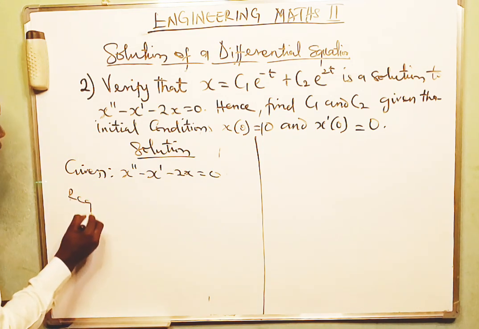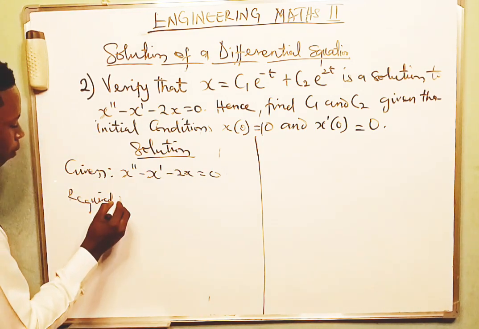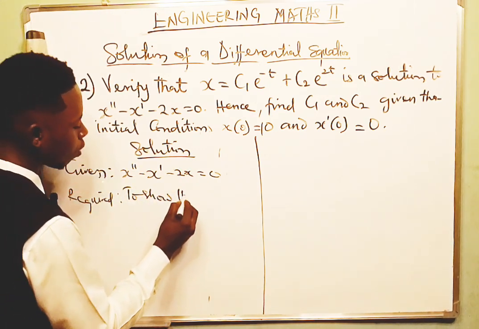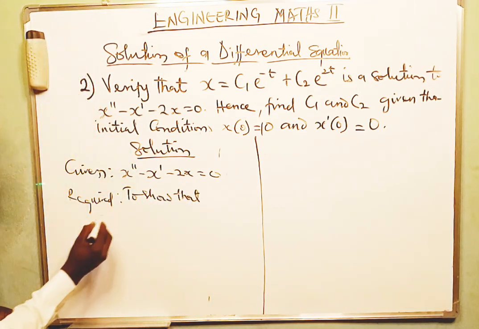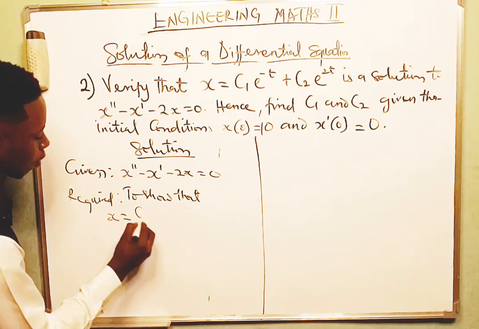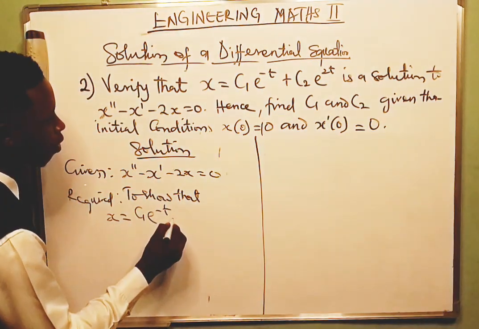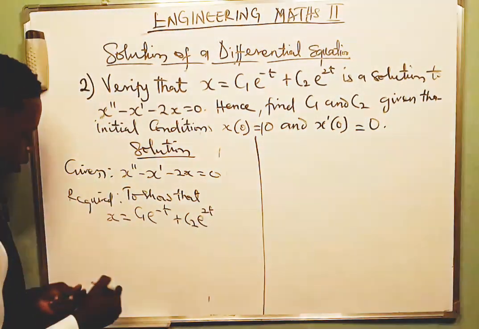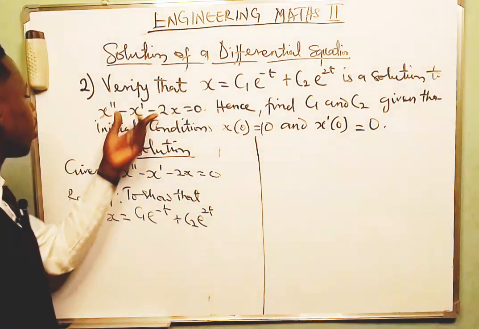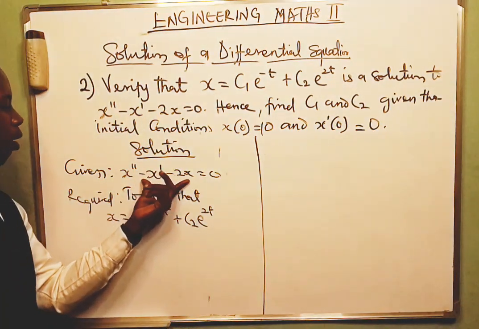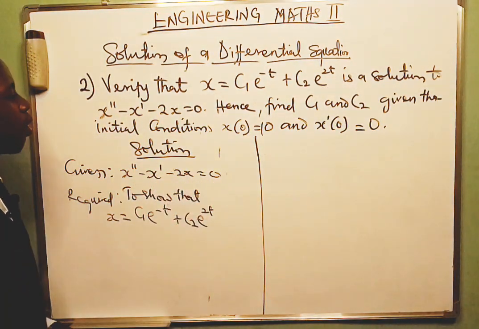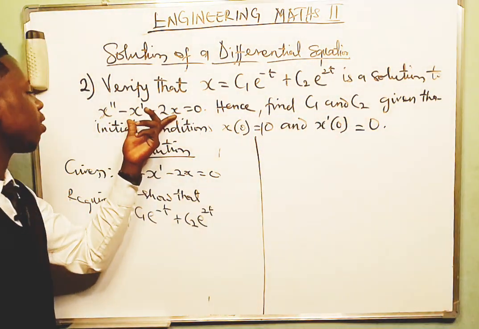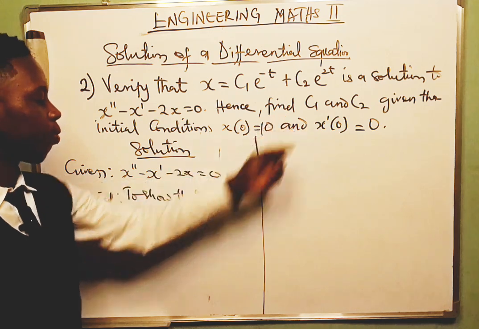And we are required to show that x equal to c1 exponential minus t plus c2 exponential 2t is a solution to this, which is the given solution which we have here. Now, hence, find C1 and C2. After we are done with this, we will move over to finding this one.